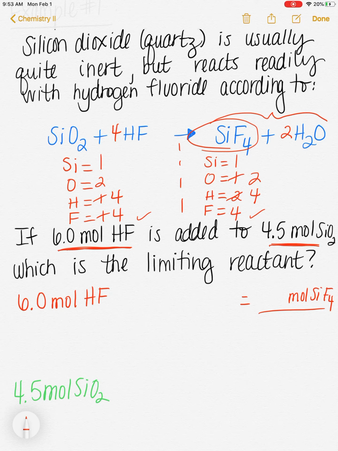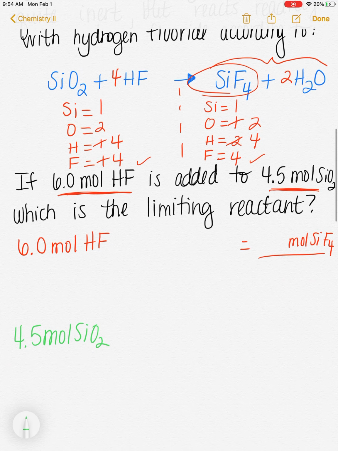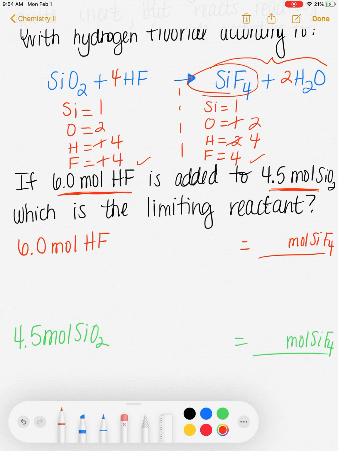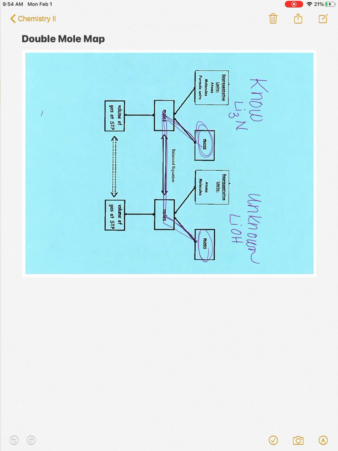So I'm going to take this 6 moles of HF and change it into moles of SiF4. And I'm also going to take the moles of SiO2 and change it into moles of SiF4 to figure out how many moles of product I can make. Okay, so if you go back to your mole map, in fact, let's go back here.